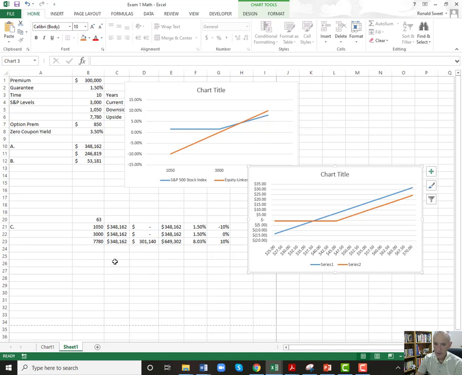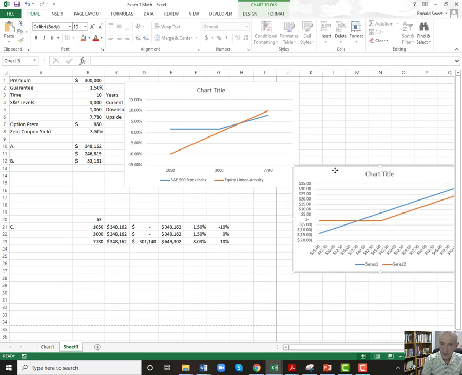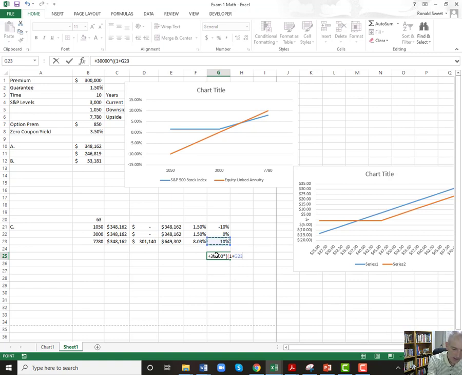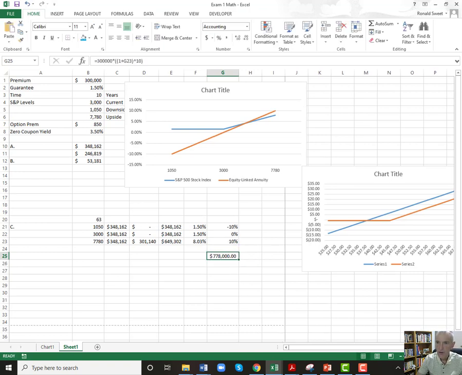In fact, you want to look at this. I can even show you. So what is the difference? So if I take $300,000 times 1 plus what the stock market did, raised to the 10th, my portfolio would have been worth, make sure I have enough zeros, my portfolio would have been worth, and you could kind of tell that from the ending value of the S&P, would have been worth $778,000.